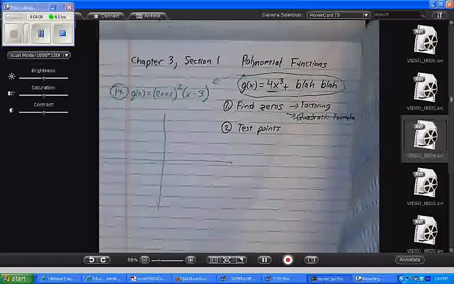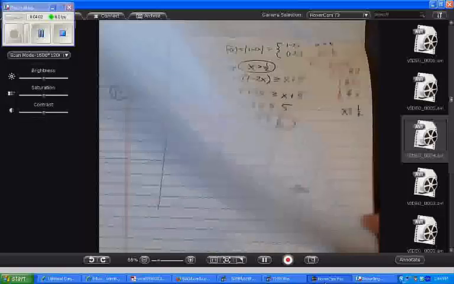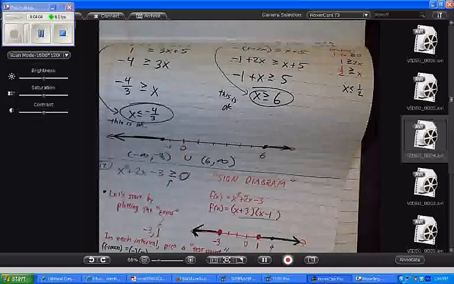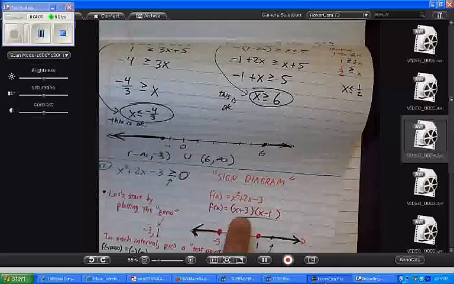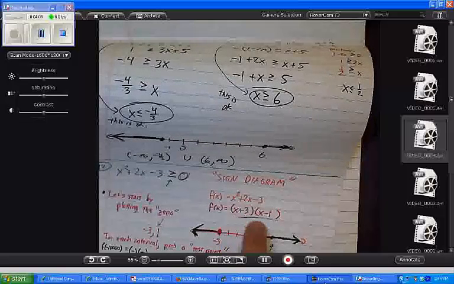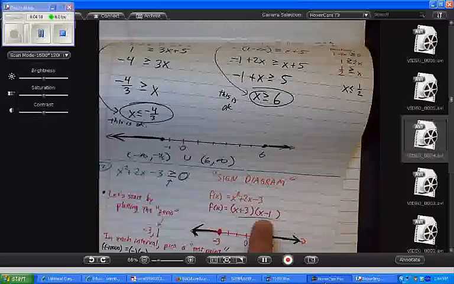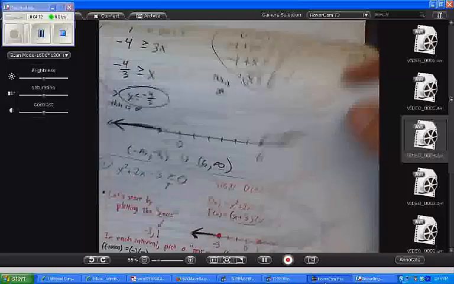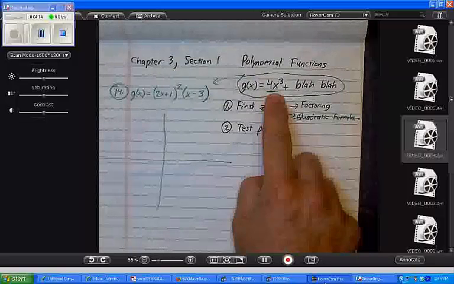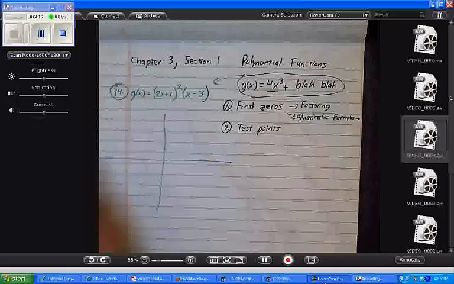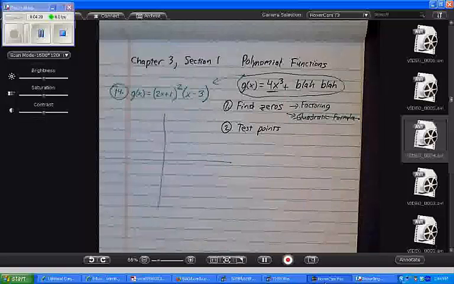See how last time I knew right away, where was my factored form? There it is. Negative 3 is a 0, and positive 1 is a 0. You guys with me? So how about this problem? When it's like this, I have no idea. But when it's like this, can you give me something that is a 0? 3, absolutely. 3 is one of the zeros.